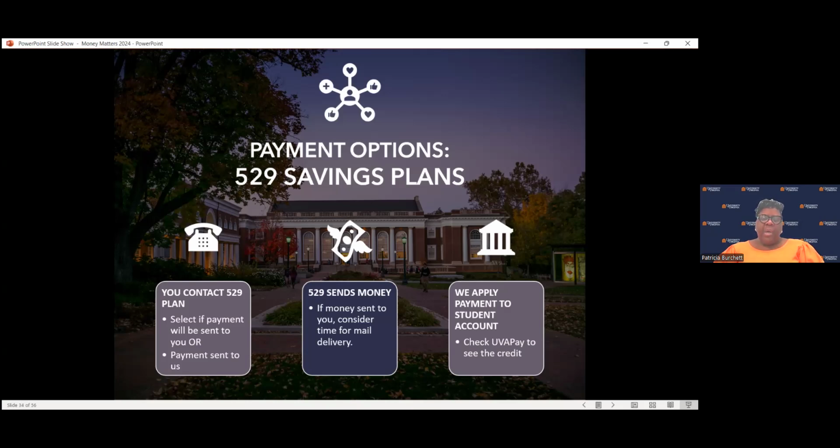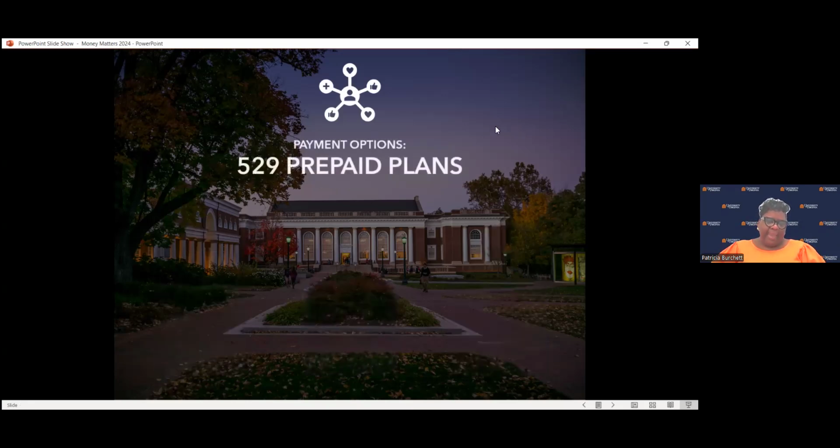And not just with the payment option of the 529 savings plan, you can also look through UVA Pay, if you are an authorized user, at the credits. If you pay with a credit card, that credit will show. If you pay with an electronic check, once it comes through the cycle and processes, that payment will show too. And you will see all of that activity through UVA Pay.